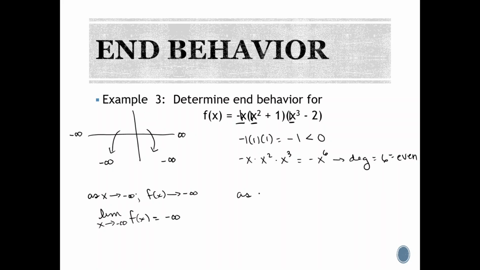As x goes to the right, to a positive infinity, the function is also going down to negative infinity. And so in limit notation, as x goes to a positive infinity, the function is still going down to a negative infinity. This is going to be very useful when we're trying to graph our functions, because at least we know the direction that the graph is going, and that's a good starting place.